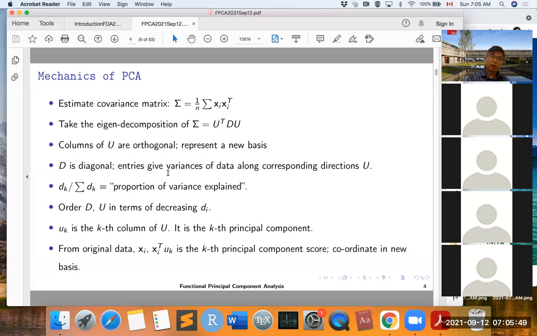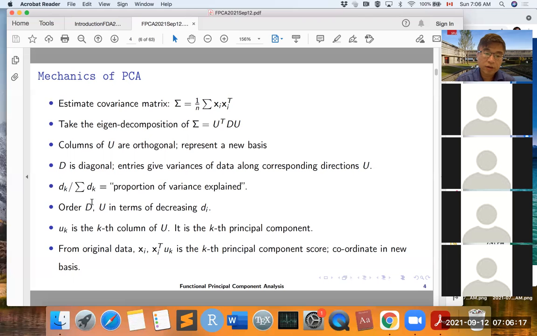Here we write the eigenvalues as dk. We can write down the ratio of dk divided by the summation of all dk. We call this ratio the proportion of the variance explained by this eigenvector u.